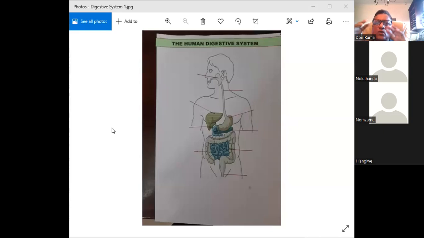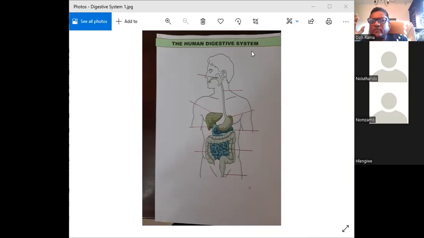When you look at the interactive chart, here we have a chart, the human digestive system. Let's say we are teaching about the human digestive system in biology to maybe a grade 10 or 11 class.